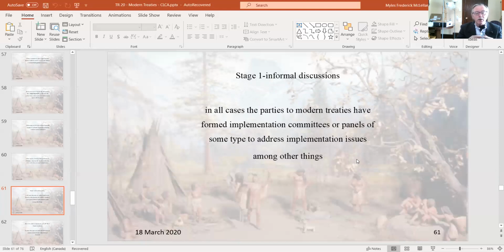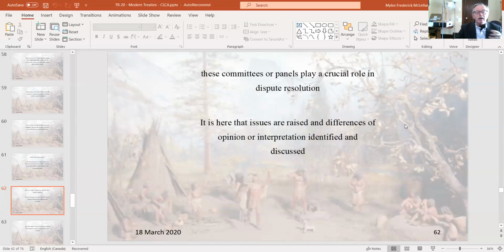In all cases, the parties to modern treaties have implementation committees put in place. These are committees from both the governmental point of view and the Indigenous point of view, and they come together to have discussions to hopefully come to a resolution of issues. Obviously these committees play a crucial role in dispute resolution. They address issues and differences of opinion, and deal with how things can be implemented.